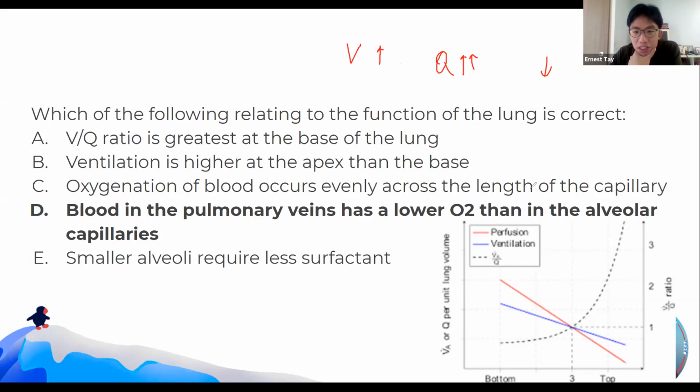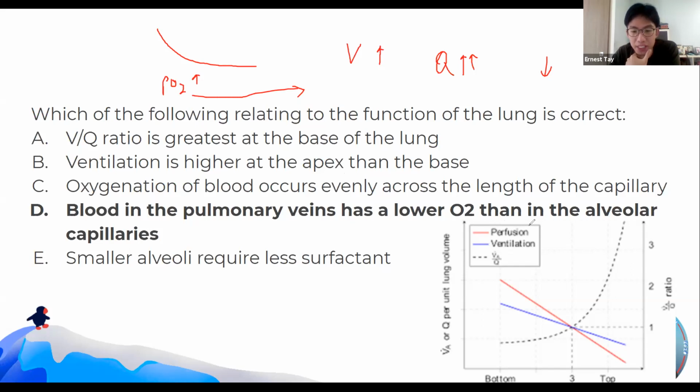Oxygenation of blood occurs evenly across the length of the capillary. No, because as it diffuses across the blood, the rate at which it diffuses actually decreases. And also the concentration of the PO2 actually increases as it goes down the capillary in the alveoli. So oxygenation of blood is not even.